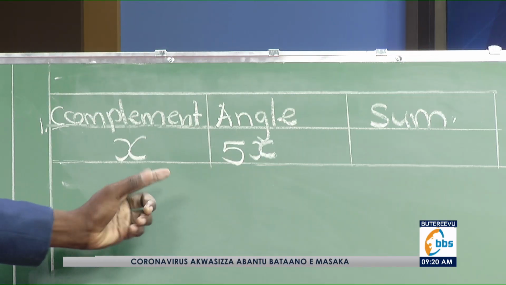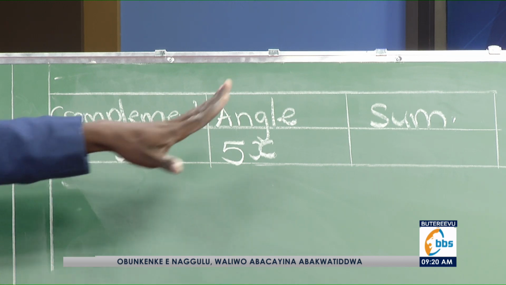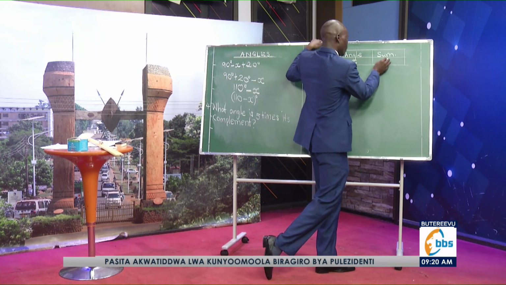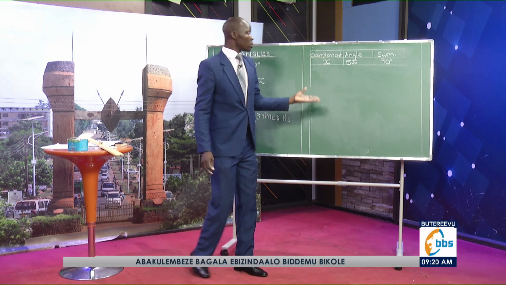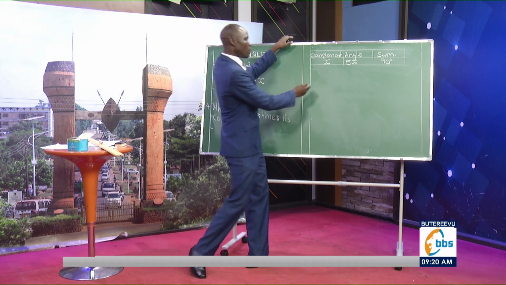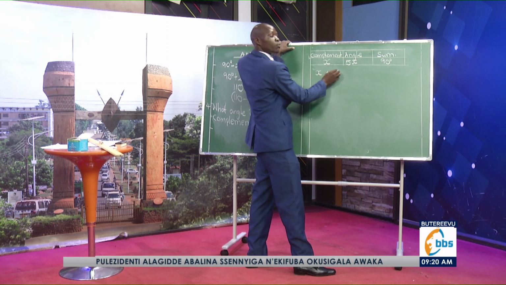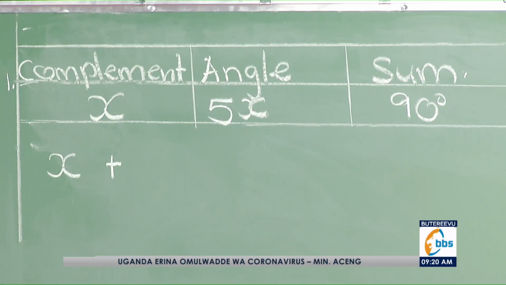So remember, when you get the angle plus its complement, you must get 90 degrees. So we are solving it algebraically. When you get x and you add to 5x, you must get 90 degrees.